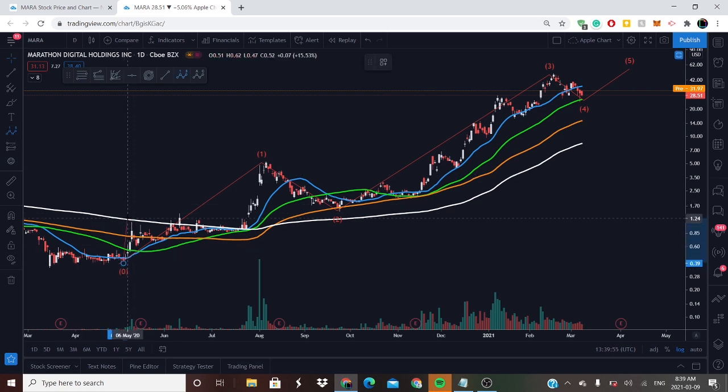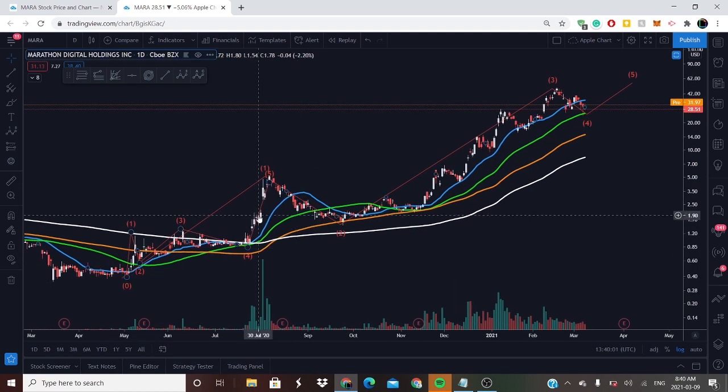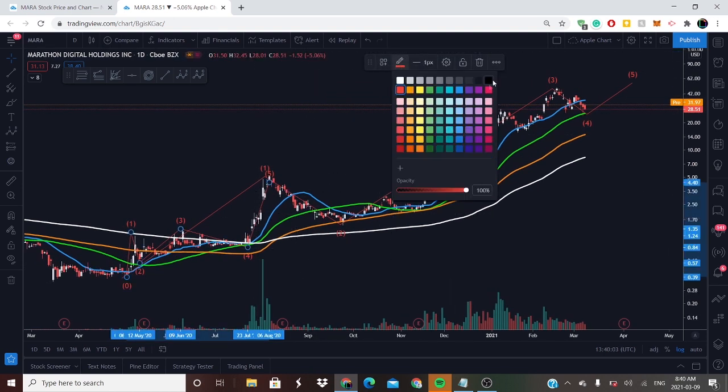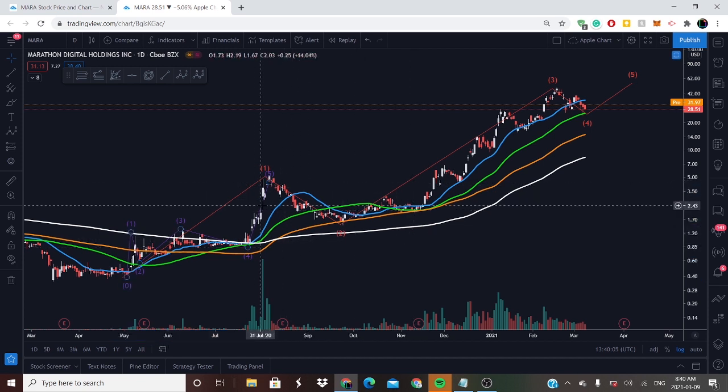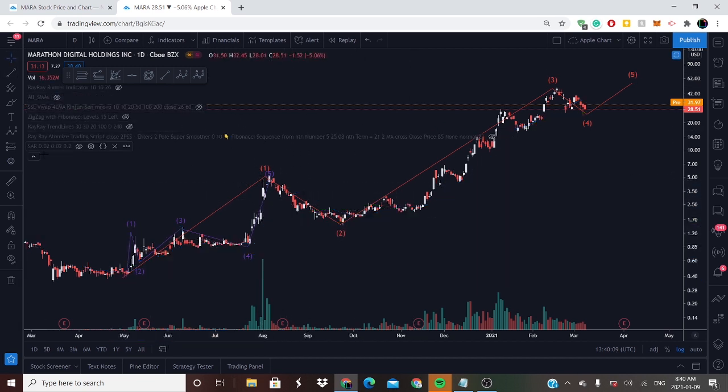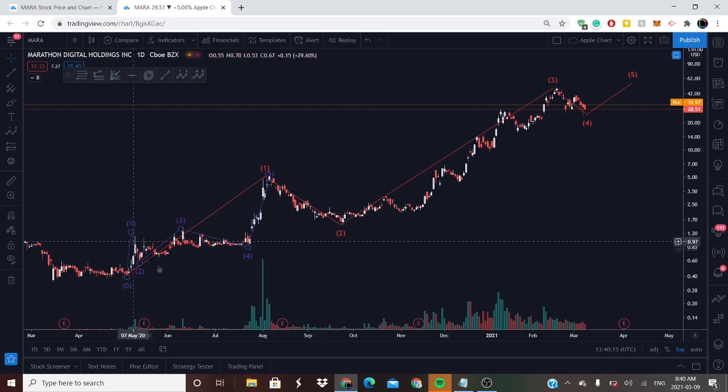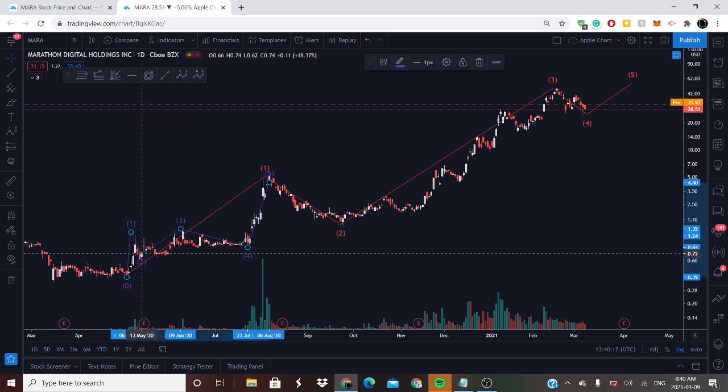This is our wave 1, 2, 3, 4, 5. Let me take off these moving averages for now, just so things look a little better. Wave ABC, 1, 2, 3, 4. That's your wave 3, that's your wave 4, that's your wave 5.